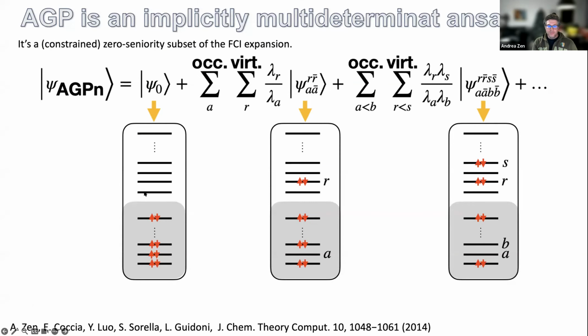It also contains a class of excitations called zero seniority excitations, which have coefficients given by some lambda coefficients that we can optimize.